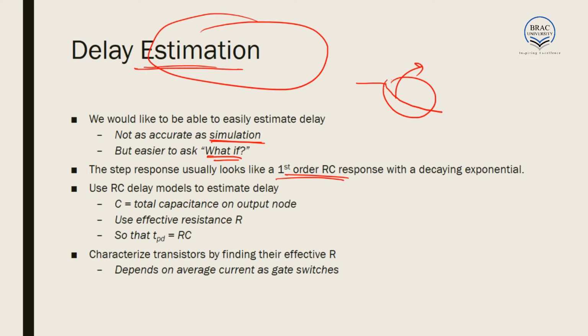So here the total capacitance in the RC delay will be considered C, the effective resistance in the path will be considered R, and the total delay will be R multiplied by C. It will characterize the transistor by finding effective values. We will size the transistor by finding effective values of R. It will depend on average current as the gate switches.